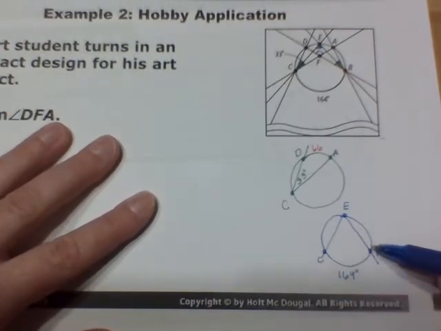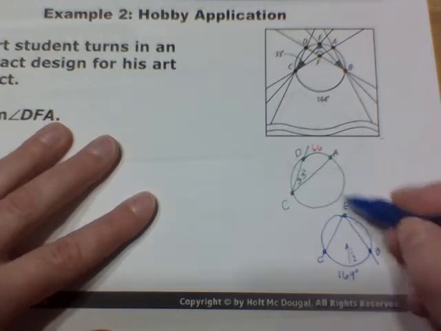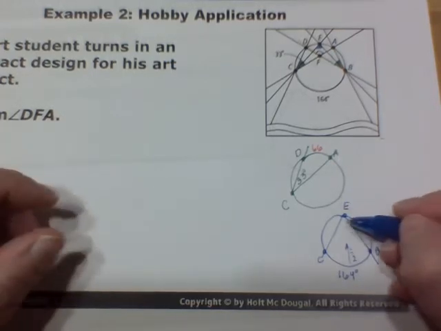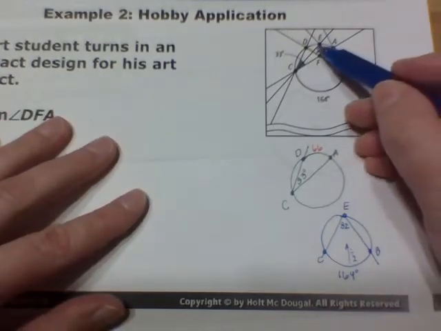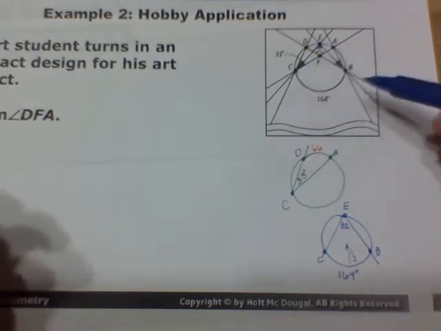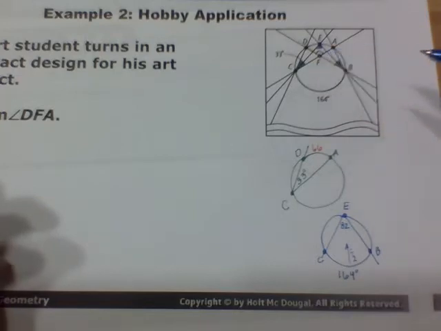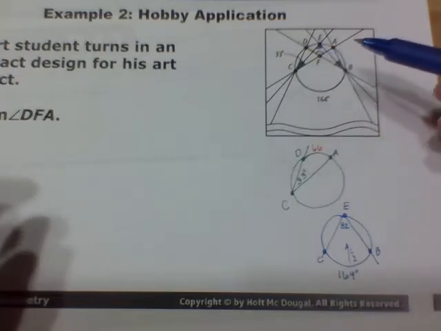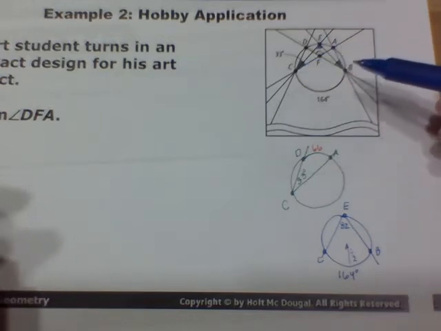And so if this arc is 164, half of that arc is going to be this angle measure here. So half of 164 is 82. So we know that this angle up here is 82, C and B. And now we need this measure here.